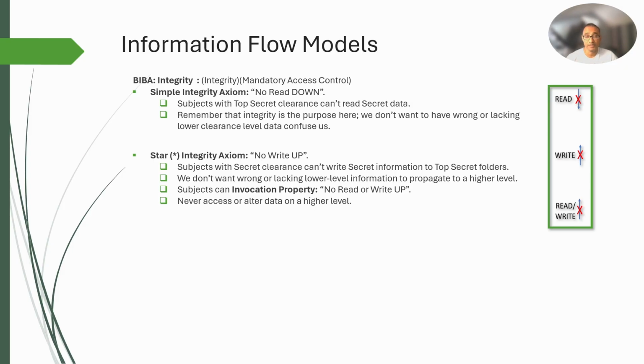The other property is called the star integrity axiom, and it actually means no write up. Again, the purpose here is that information which is not supposed to be muddled should be tackled at the level from which it is originating, and not be allowed to be written up.